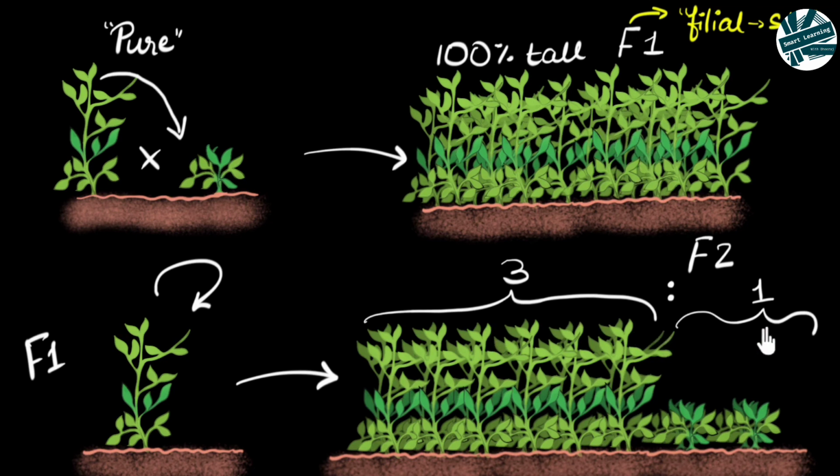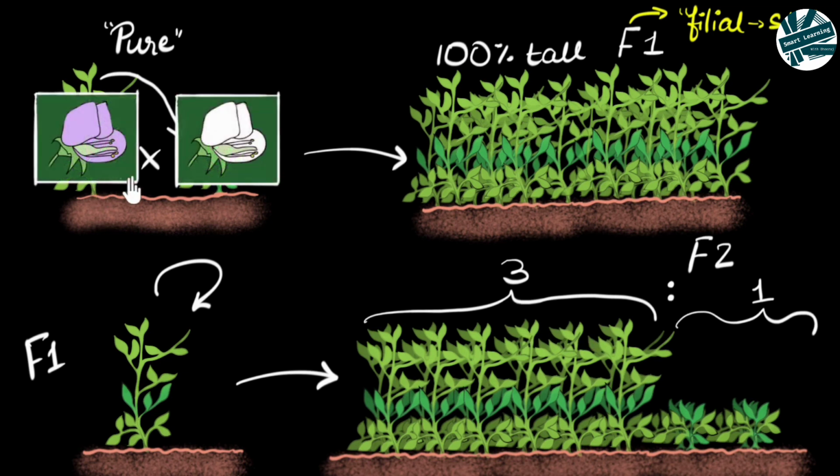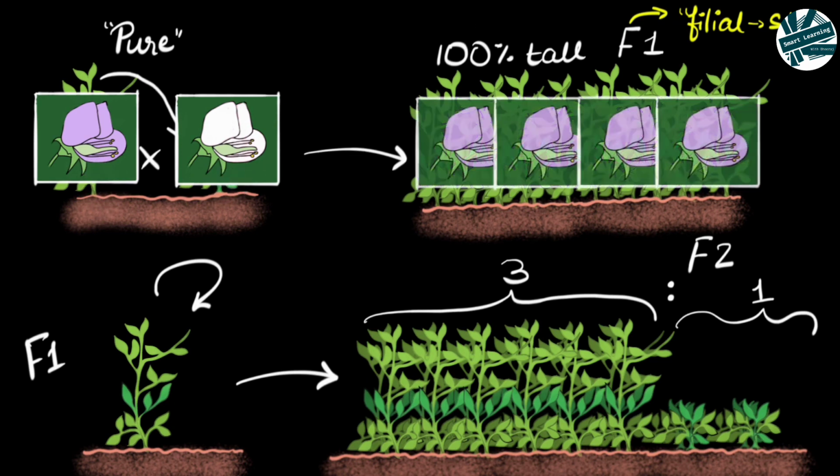And you know why this number is so important? Because it's not random. It turns out he gets the same answer for all the characteristics that he experiments with. For example, when he takes the color of the flower into consideration, he takes a pure purple colored pea plant and crosses it with a pure white pea plant. In the first generation, you know what he gets? A similar result.